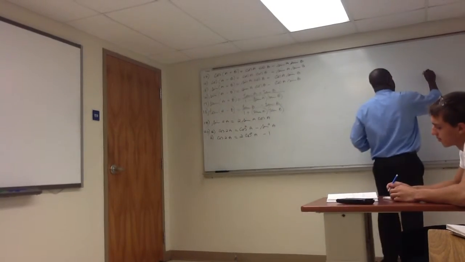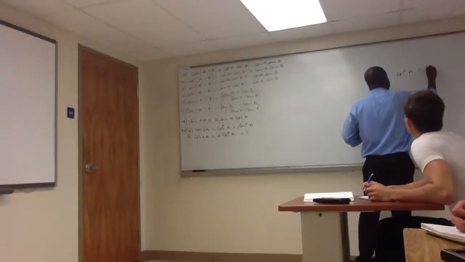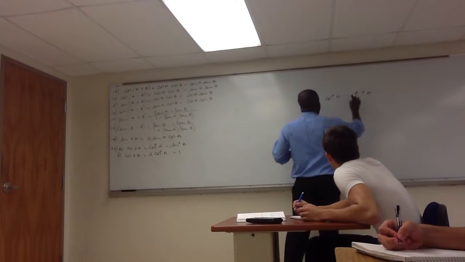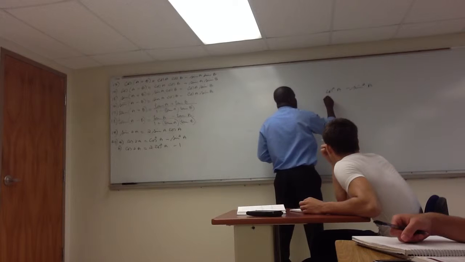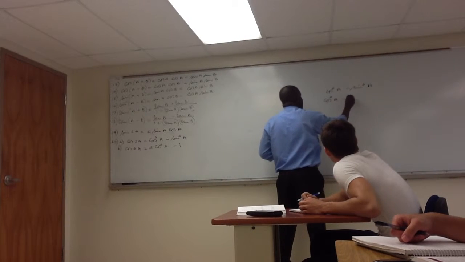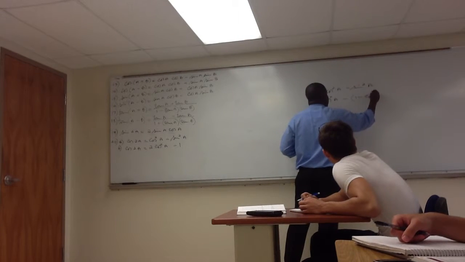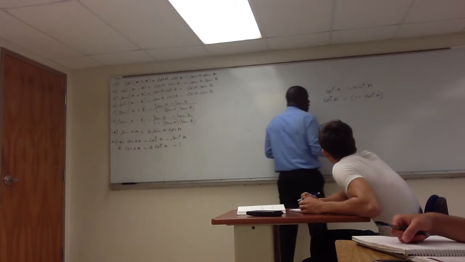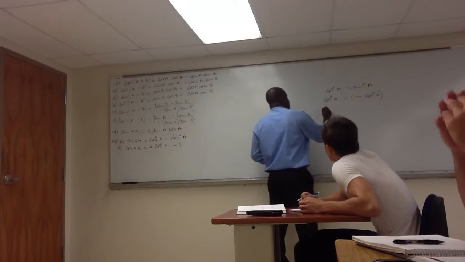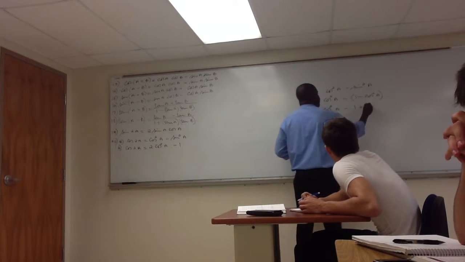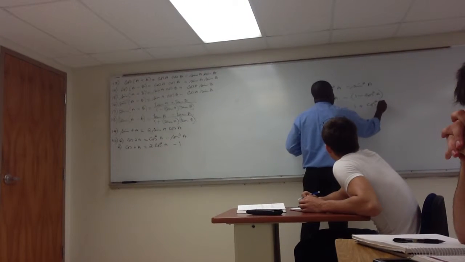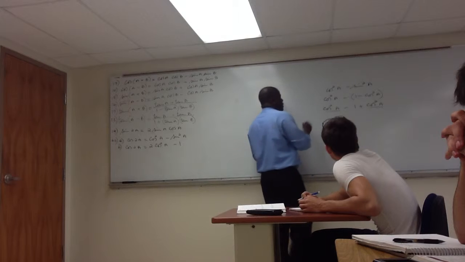Well, observe here, cosine squared of A minus sine squared of A. If you want that expression in cosine only, you change the sine. So this is cosine squared of A minus (1 minus cosine squared of A), because that's what sine squared is in terms of cosine. Getting rid of all the parentheses, that is 2 of them.